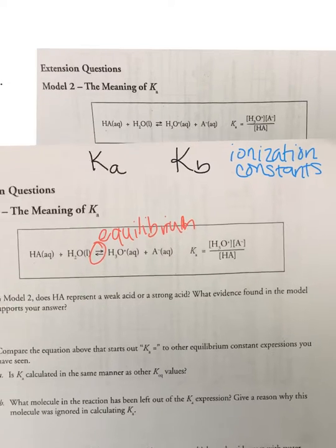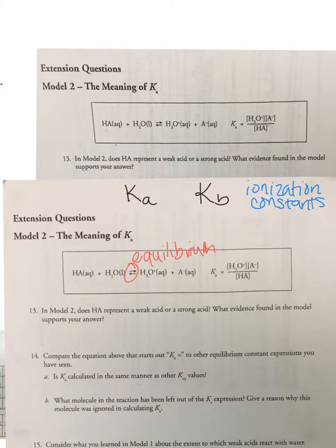Above it, I want you to write out what a strong one would look like. Would a strong one have this little back and forth arrow? What do you think it would have? Just one arrow, right?